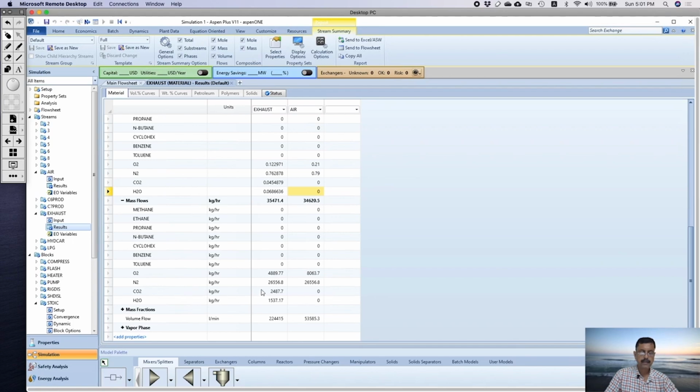You sent the same amount of nitrogen. So nitrogen remains unreacted, an inert component. But oxygen, you sent 8000 kg per hour, and unreacted is 4889.77 kg per hour. Rest of the oxygen has reacted. And in air there was no carbon dioxide and water, but in the exhaust you find 2487.7 kg per hour of carbon dioxide that is produced out of the stoichiometric reaction.